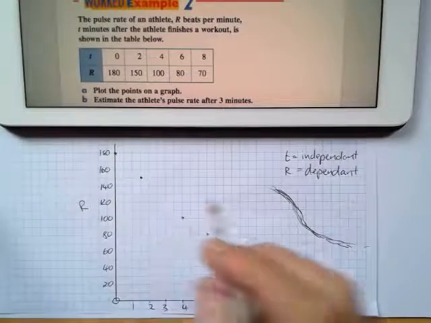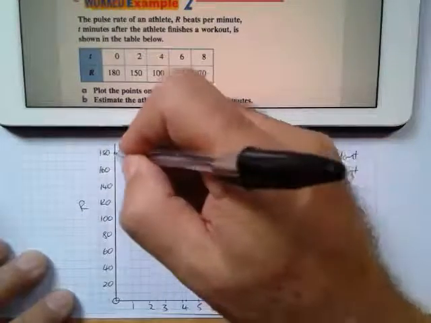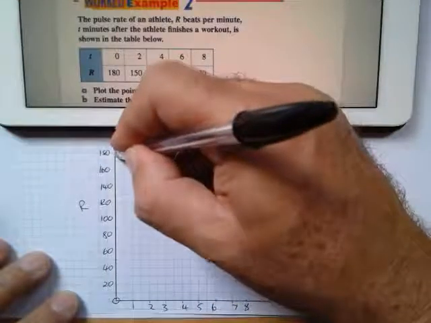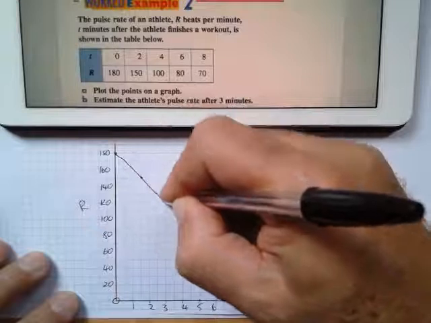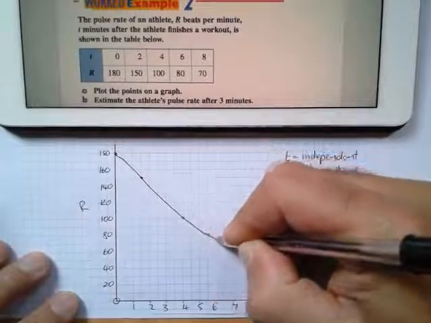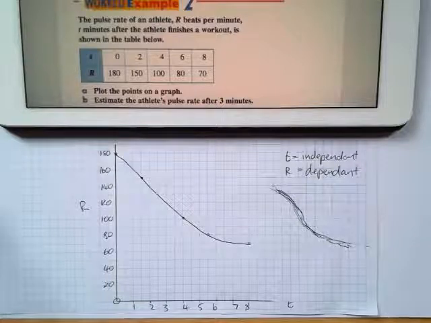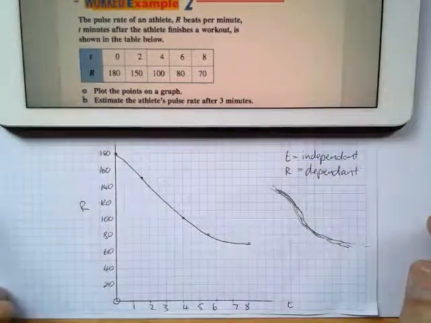So a smooth line, and the more you do it, the better you get at it. Okay, I haven't done it a lot, so let's see how we go. And not too shabby. Okay, so that is roughly how that graph looks.